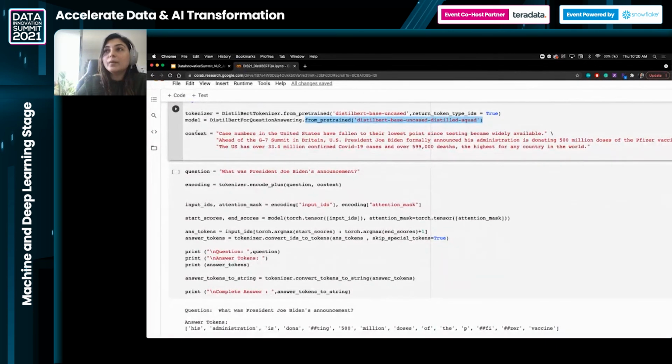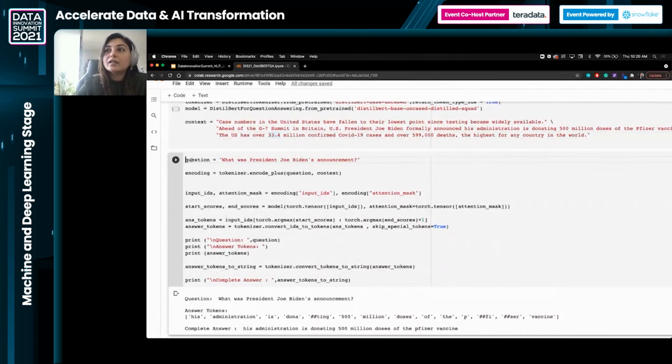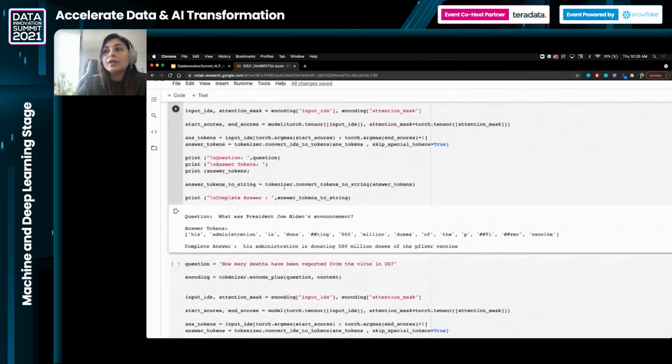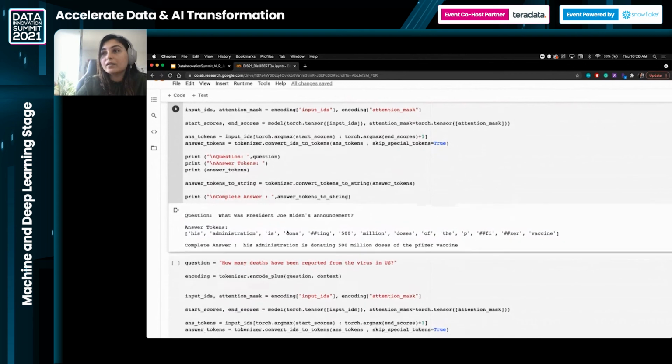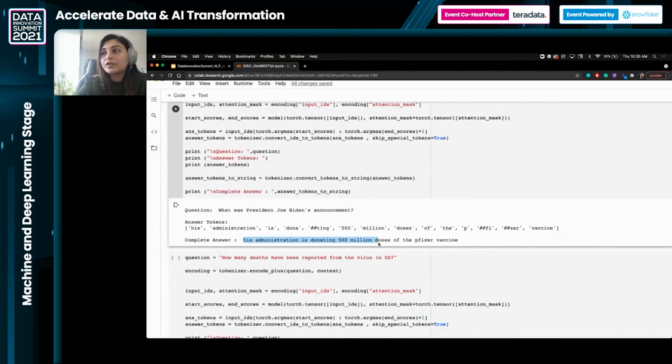So here, when I give the context, say, case numbers in the United States have fallen, how many people have been infected by COVID-19, and so on. When you ask what was President Joe Biden's announcement, the answer tokens that the model fetches are: his administration is donating 500 million doses of... So the complete answer would be that his administration is donating 500 million doses of Pfizer vaccine, right?